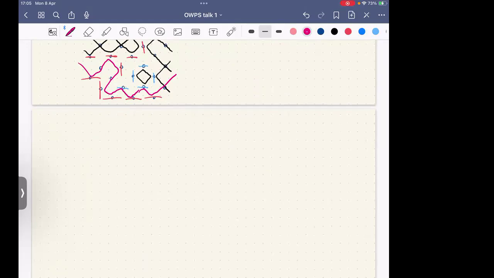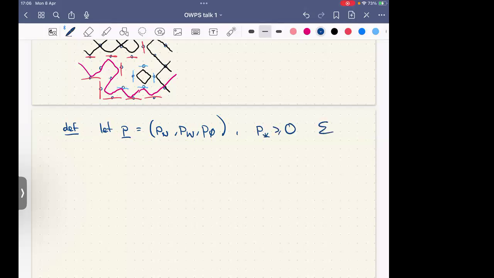Okay, so now we can define our measure, which Jakob defined only on the torus, but I'm going to define it on this general subgraph D. So let p be the vector of p's where these are all positive, I'm going to just write p star for each of them, and the sum of them is equal to 1. Okay? And let n be greater than 0.